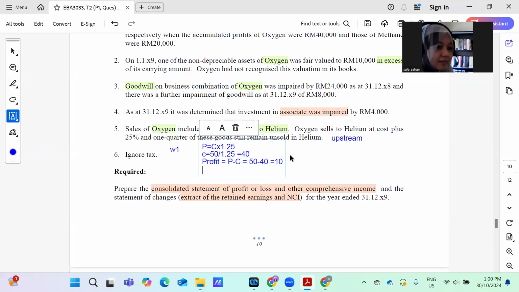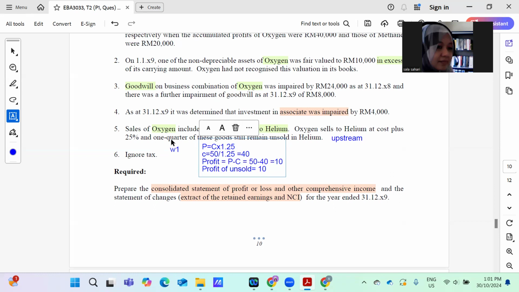They mentioned that 1/4 of this good still remains unsold. So this will be parked under cost of goods sold, right? So the profit from the unsold good should be equal to 10K divided by 4, because it's 1/4 only.